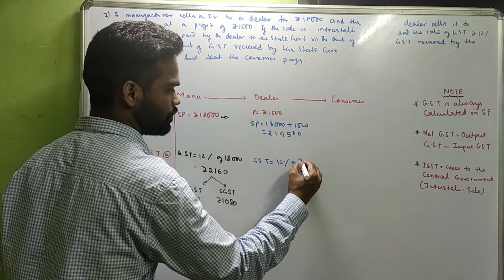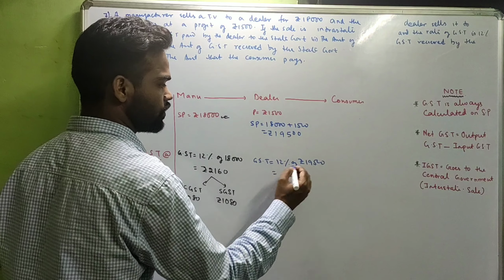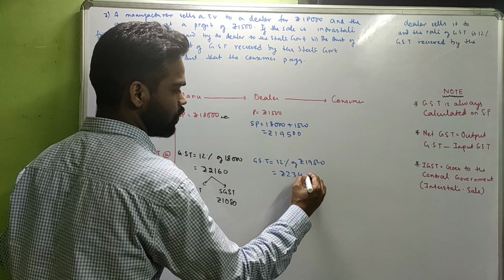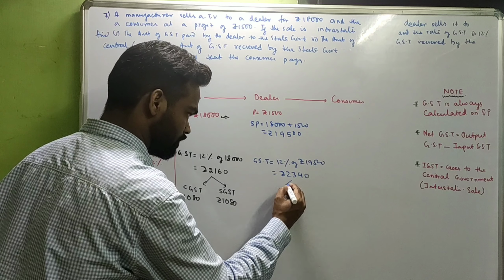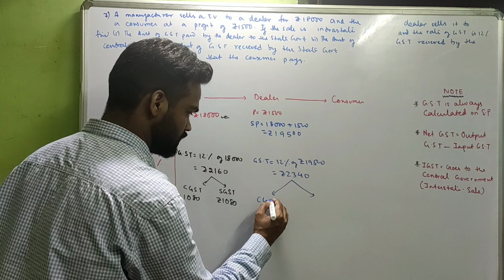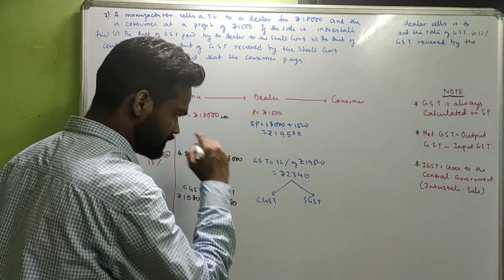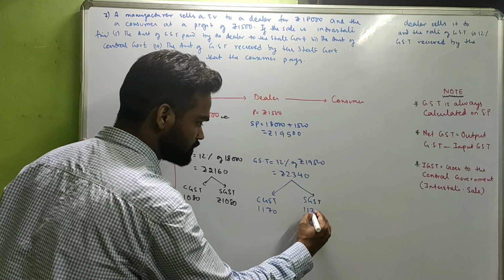12% of rupees 19500, which is 12 into 195, which is 2340. Am I clear? Which again will be divided into two parts. Look over here, CGST and SGST. CGST will be 1170.